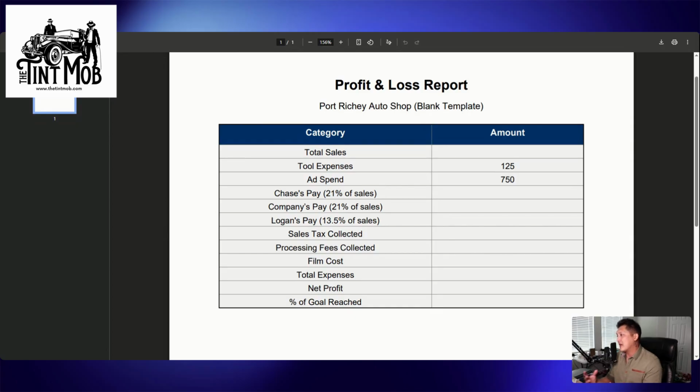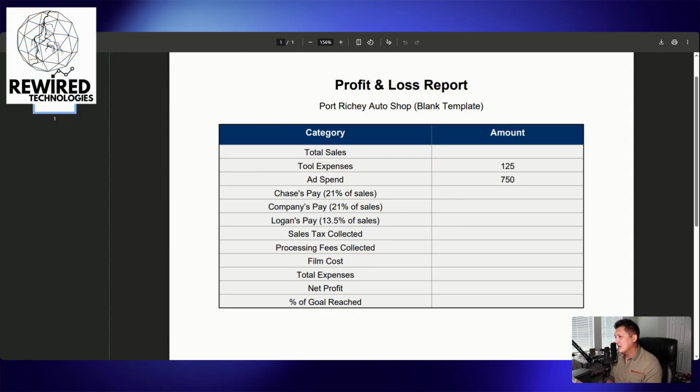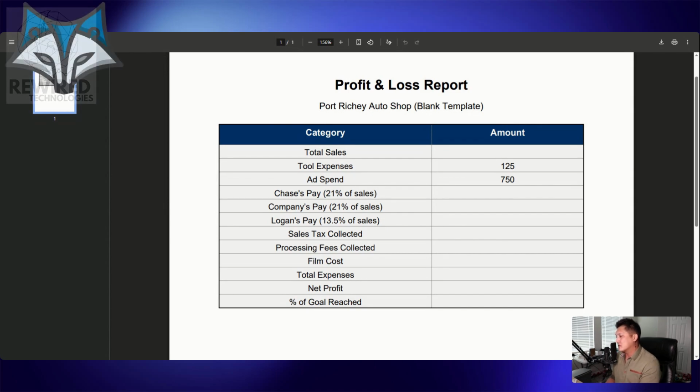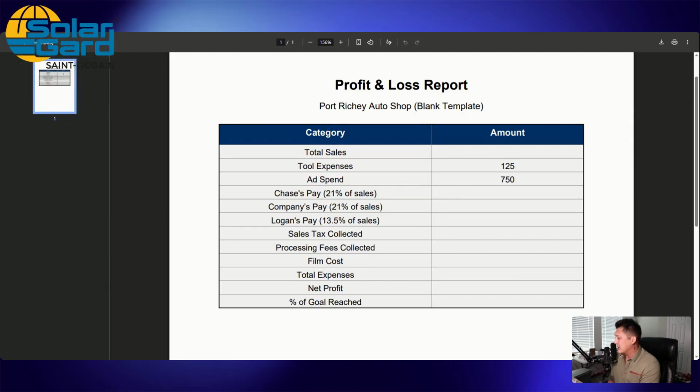So let's say, for example, we had a total goal of $4,000 a week, and we had total sales of 3,000. That means we were at 75% of goal. We did not reach goal. We were not at 100%. And I add that there just so we can see where we're going and how we've been. There's a lot of information that you can collect here.